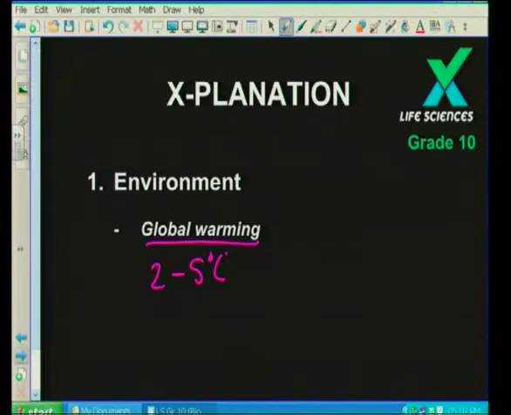Now you're going to say, oh, that's not going to have an effect, it's not that much. Yes, it is a huge increase in temperature if you look at what the temperature should be, let's say 30 degrees. If the temperature is going to be a consistent 35 degrees, can you imagine what effect it will have on our plant and animal life?